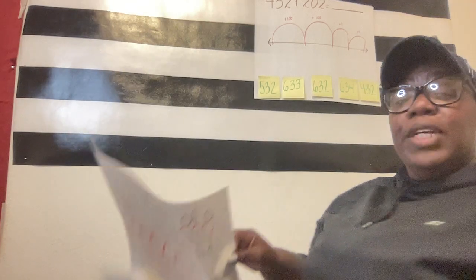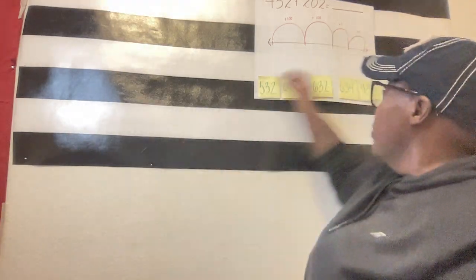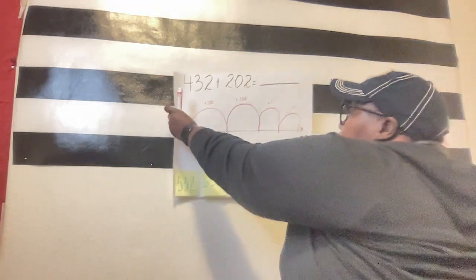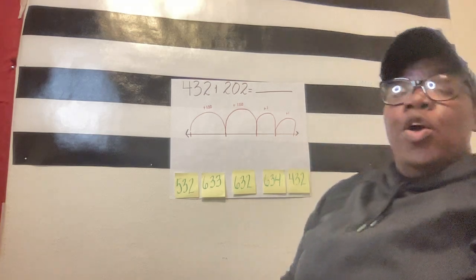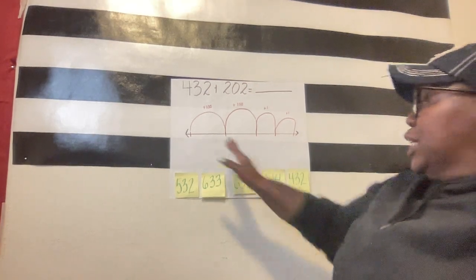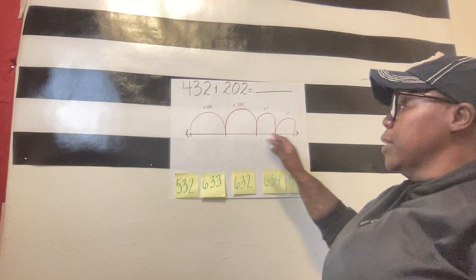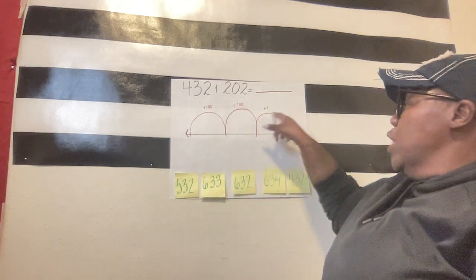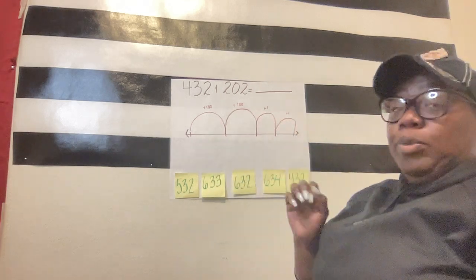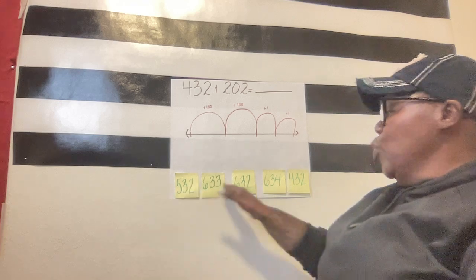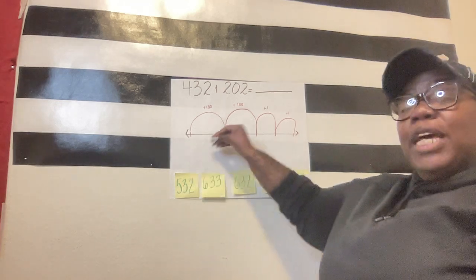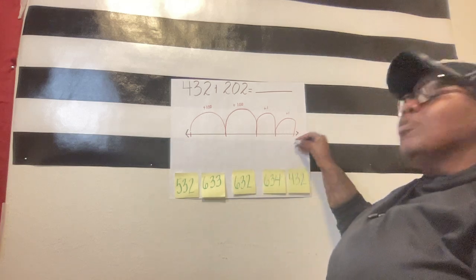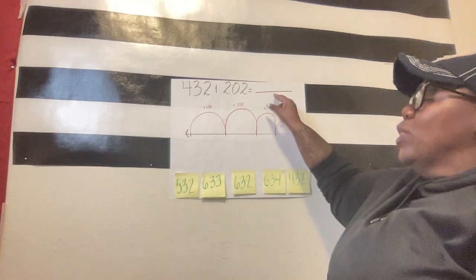And last but certainly not least, another way that they can see this is that you have the open number line. The jumps are already on the number line and they are labeled. And then you have the numbers in boxes and you need to place them in the correct order on the open number line to find out what the sum is.